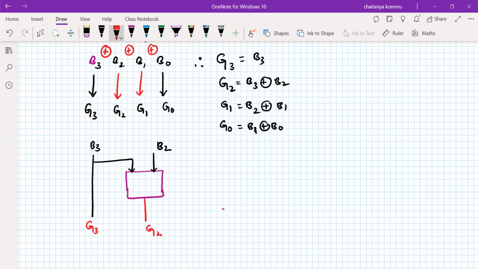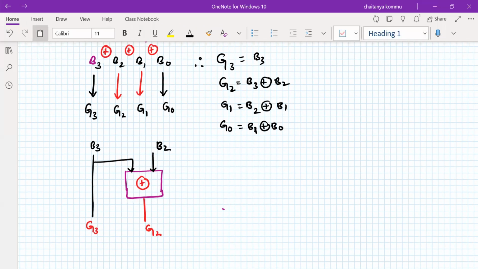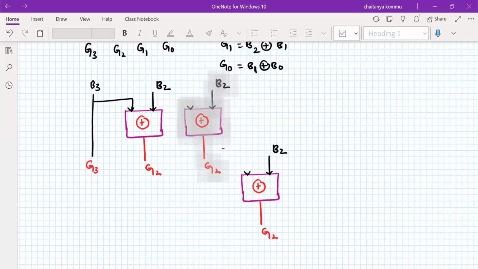It is simply an exclusive OR gate. So the structure we have to use repeatedly. How many times should I use it? Three times I should use it. So this is the structure that we have to use here.